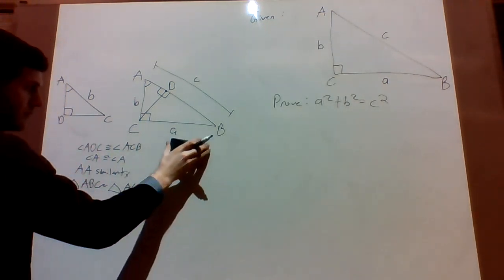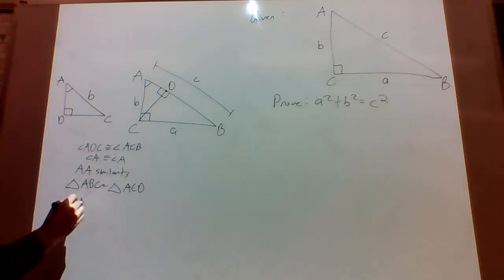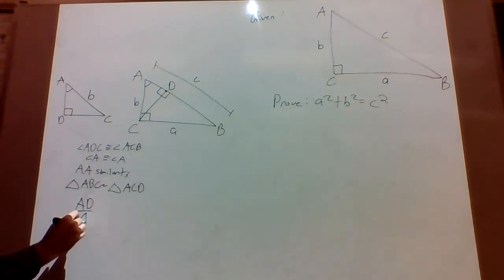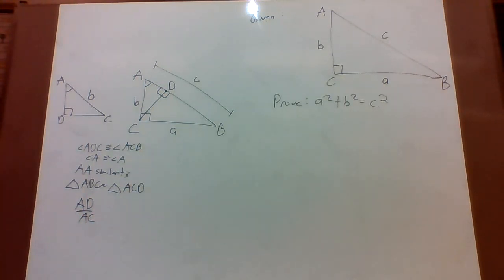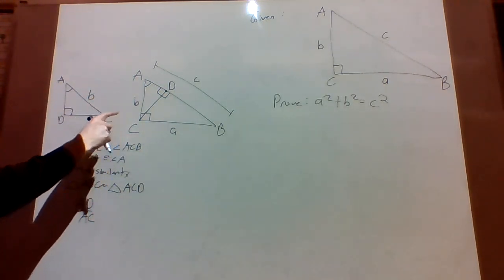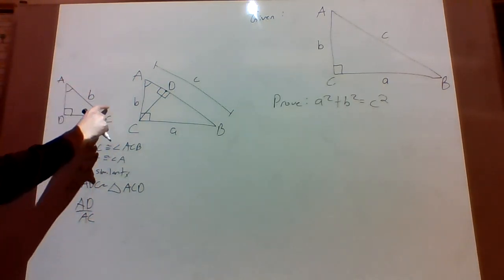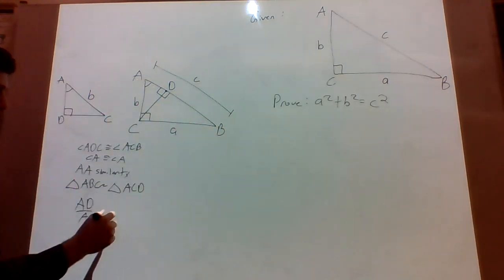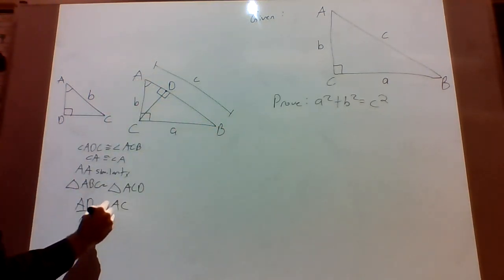Let me do it down here. We have AD over AC. AD corresponds to AC. And then we know AC corresponds with AB.